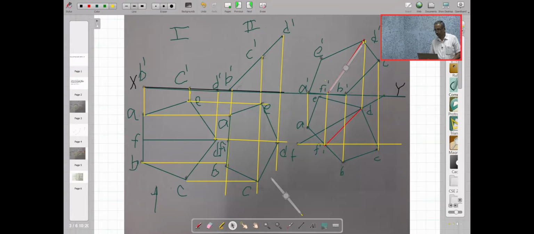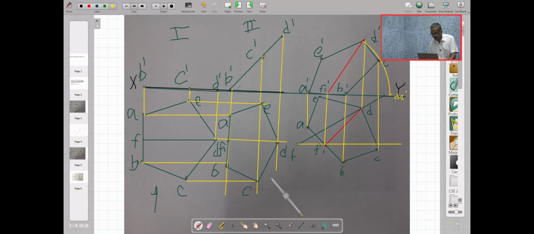So I will be doing this process now. So you can see the line which is made now horizontal. Let me call this point D2 dash.